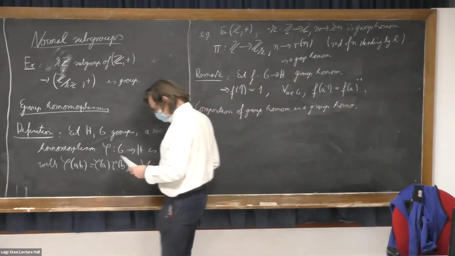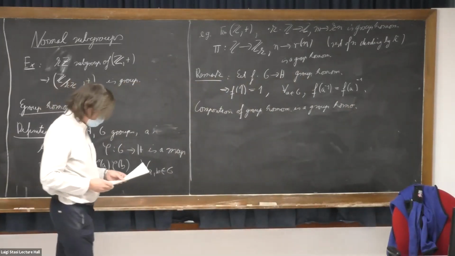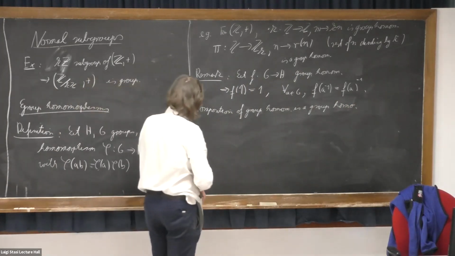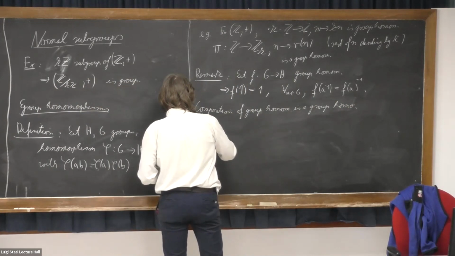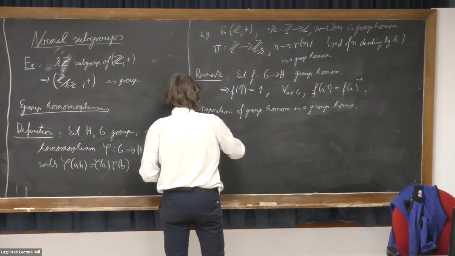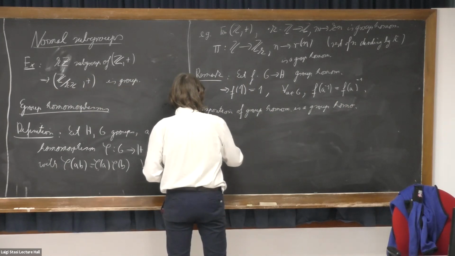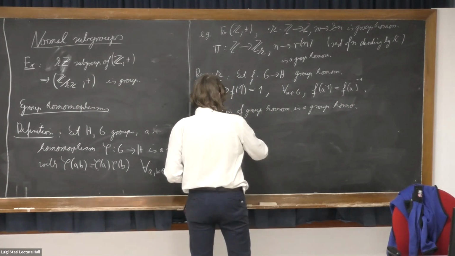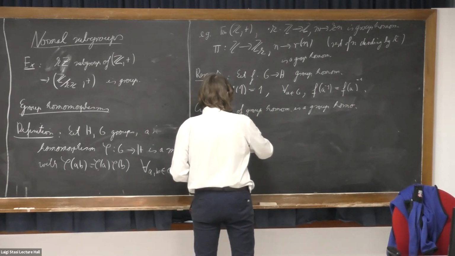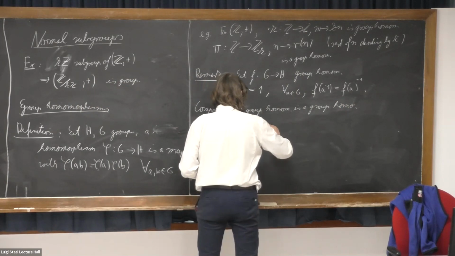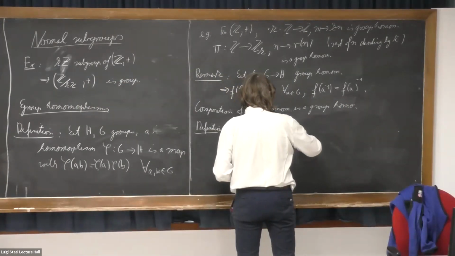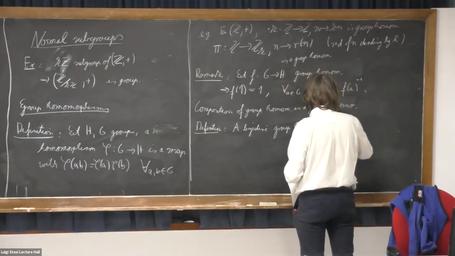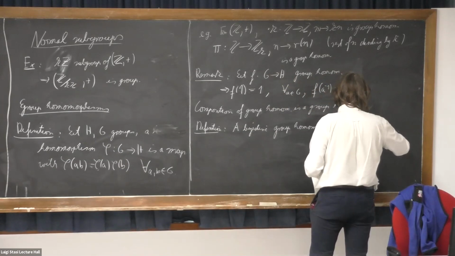And in particular, a bijective group homomorphism from G to H is called an isomorphism.